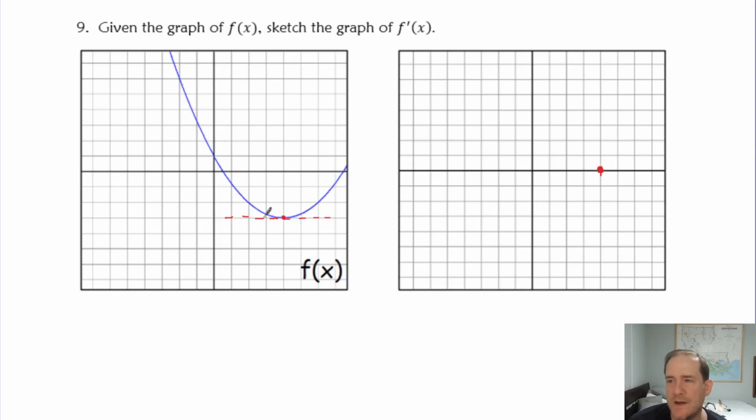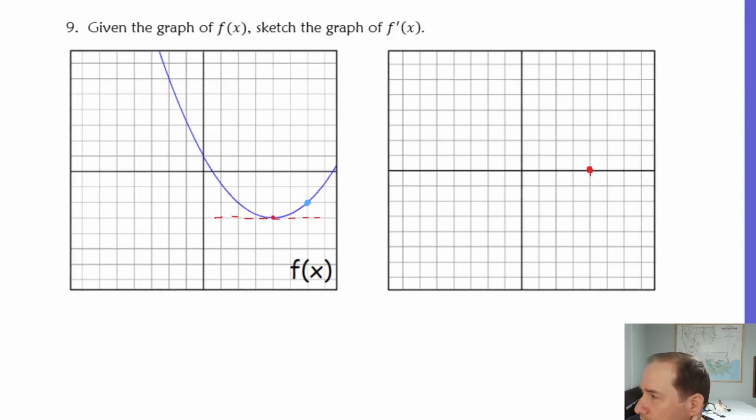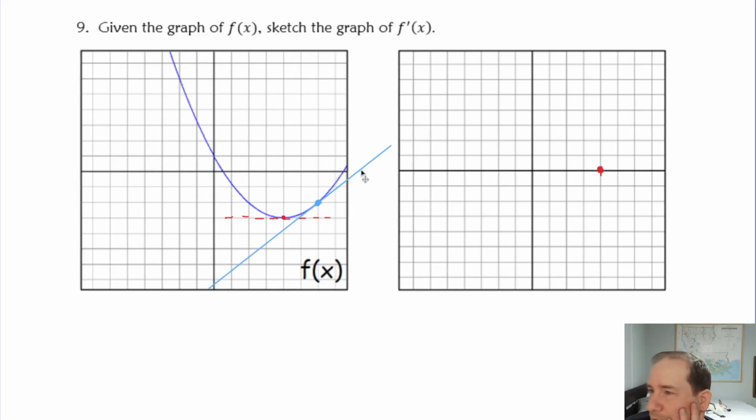Now from there, I'll just pick out a few more points, maybe that point there. And you've got to try to draw your tangent line as carefully as possible. So for example, if you drew your tangent line like this, I did too good a job on my first try. I was trying to do a bad job.